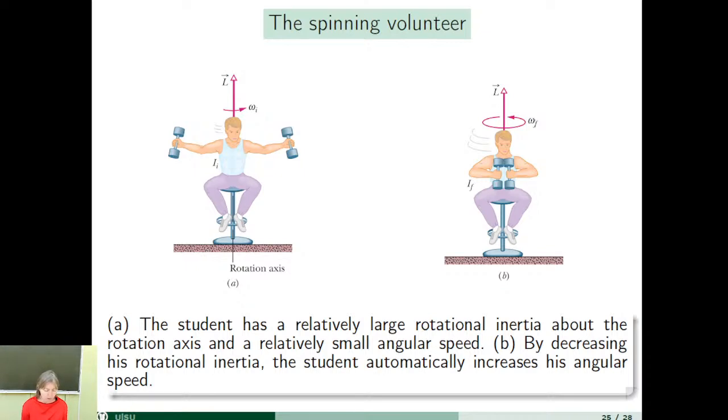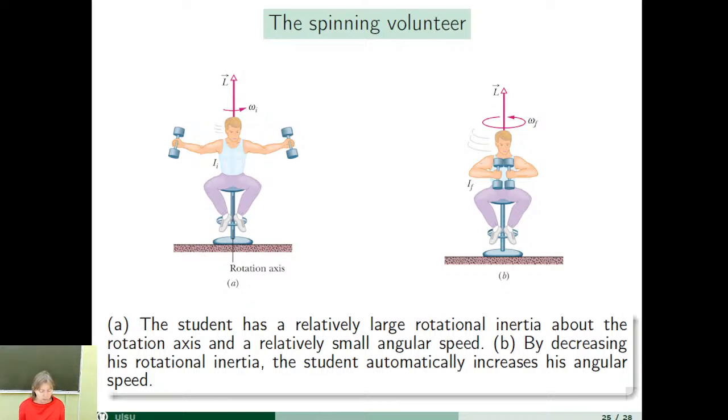The instructor asks the student to pull in his arms. This action reduces his rotational inertia from its initial value to a smaller value I F, because it moves mass closer to the rotational axis. His rate of rotation increases markedly from omega I to omega F. The student can then slow down by extending his arms once more, moving the two dumbbells outward.